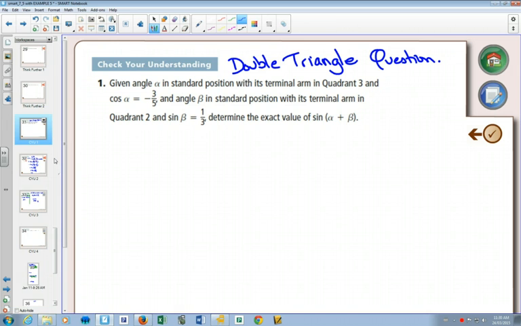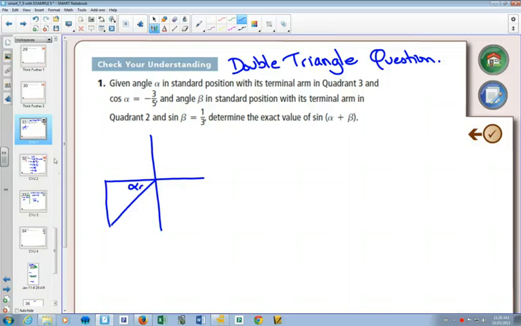There's always going to be information in a double triangle question to tell you what quadrant an angle's in and what all the sides are. For example, the angle alpha, this one was super easy because they already told us it's in quadrant 3. So when we go to draw our alpha triangle, we're going to draw it with a reference angle.